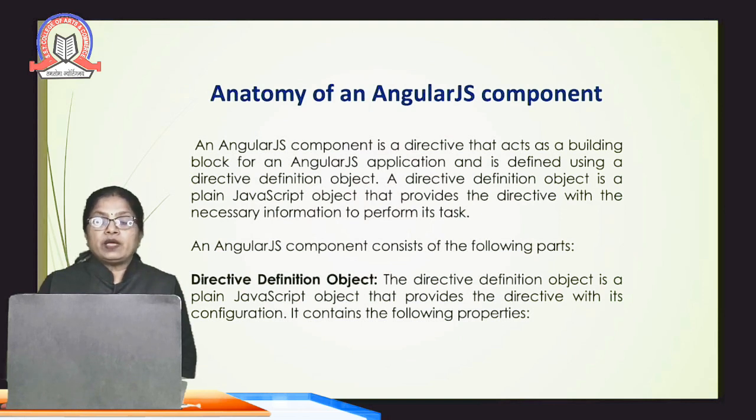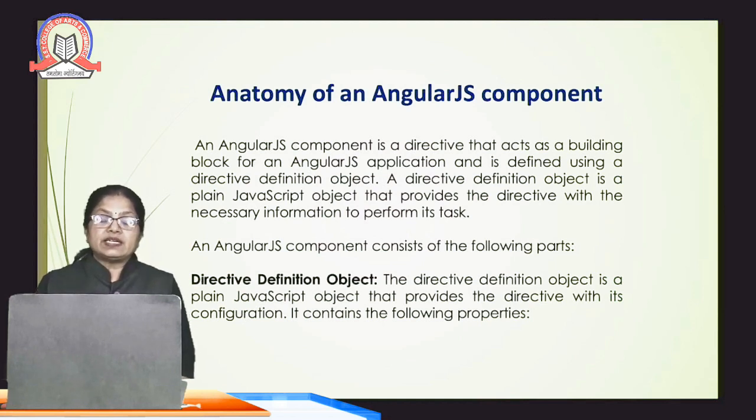Now, anatomy of an AngularJS component. An AngularJS component is a directive that acts as a building block for an AngularJS application and is defined using a directive definition object. A directive definition object is a plain JavaScript object that provides the directive with the necessary information to perform its task.